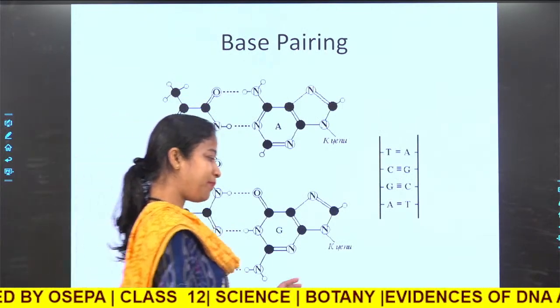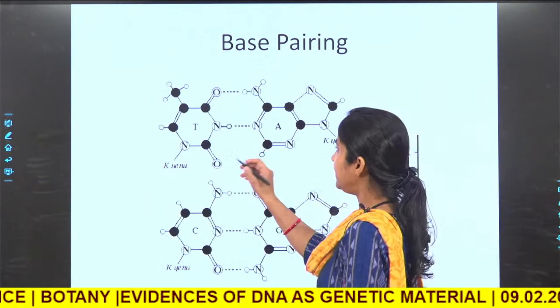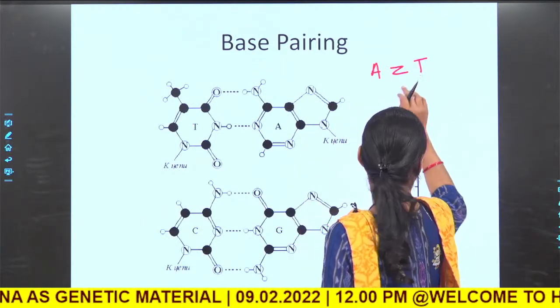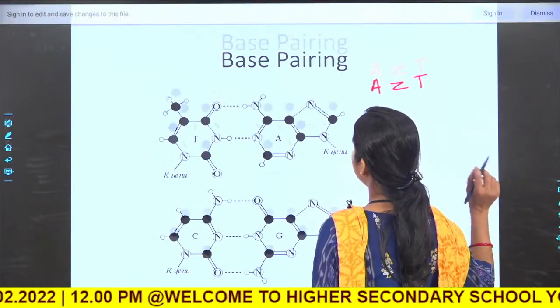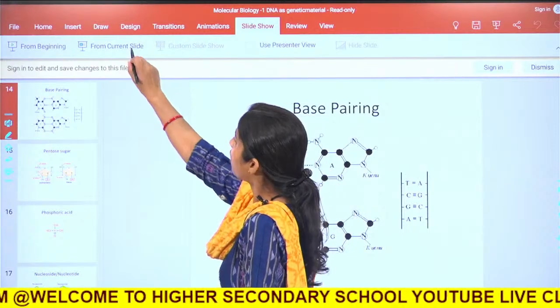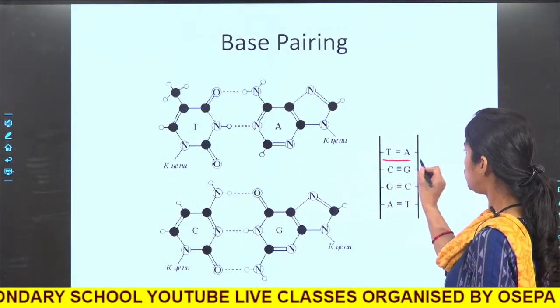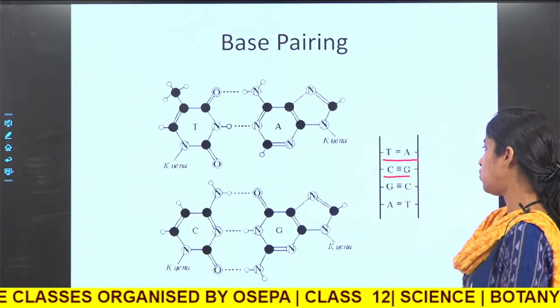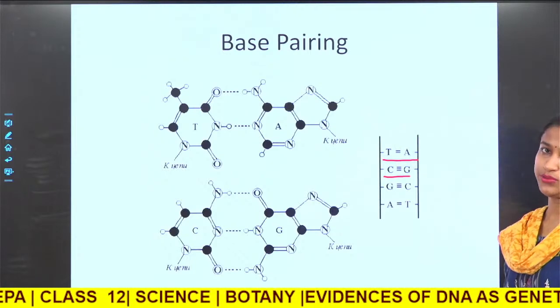Now, how do they base pair? Generally, adenine and thymine form 2 hydrogen bonds between them, whereas cytosine and guanine form 3 hydrogen bonds between them.